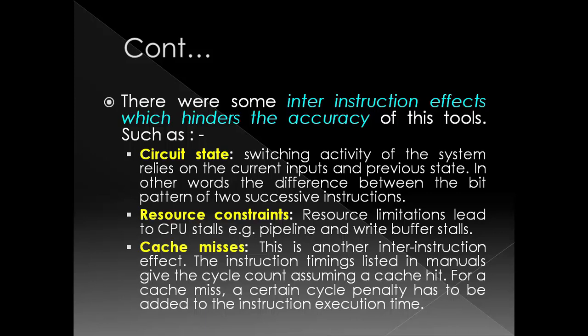Again, if there is a cache miss, that is not going to be measured. The switching activity, on average, if it is going smoothly, can be measured. But if there is a change in any two successive instructions with reference to the bit patterns, that could not be measured. So there were certain conditions in the circuit which are bound to occur, but they are not in the expected flow.